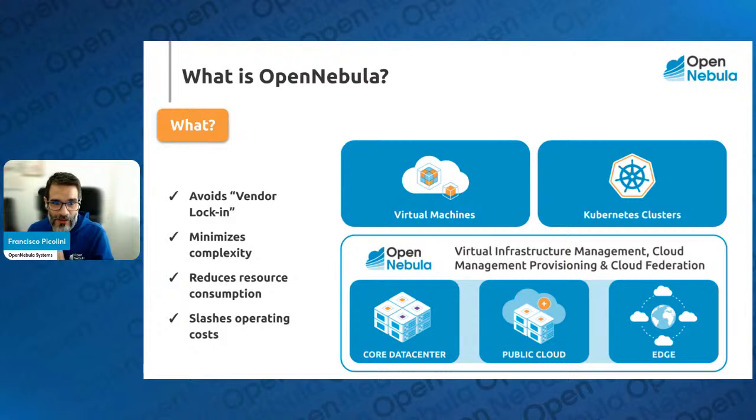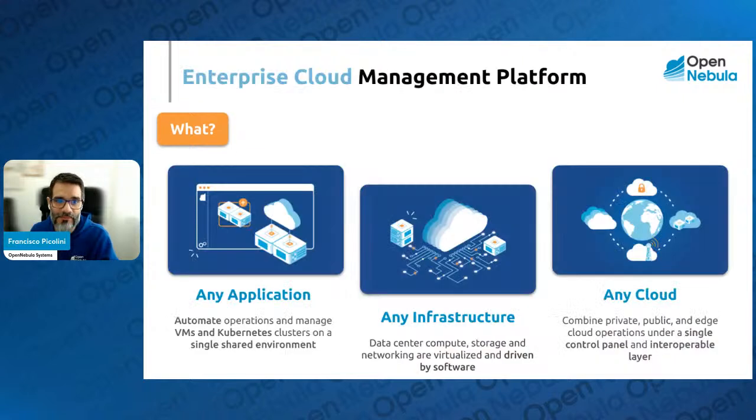But first of all, what's OpenNebula? OpenNebula is a cloud platform where you can virtualize your cloud infrastructure using virtual machines and Kubernetes clusters. The biggest description for OpenNebula is that it's completely flexible, highly customizable, and the tools that you can use can be adapted easily to minimize the complexity.